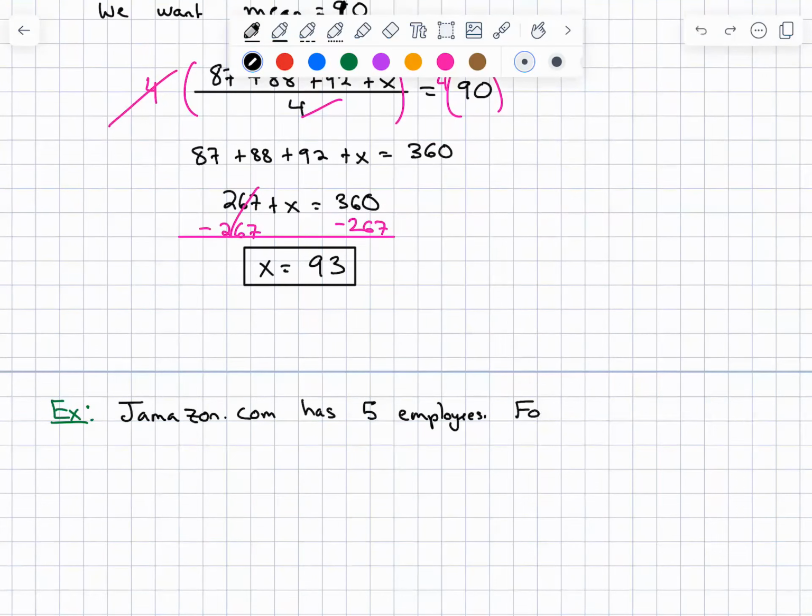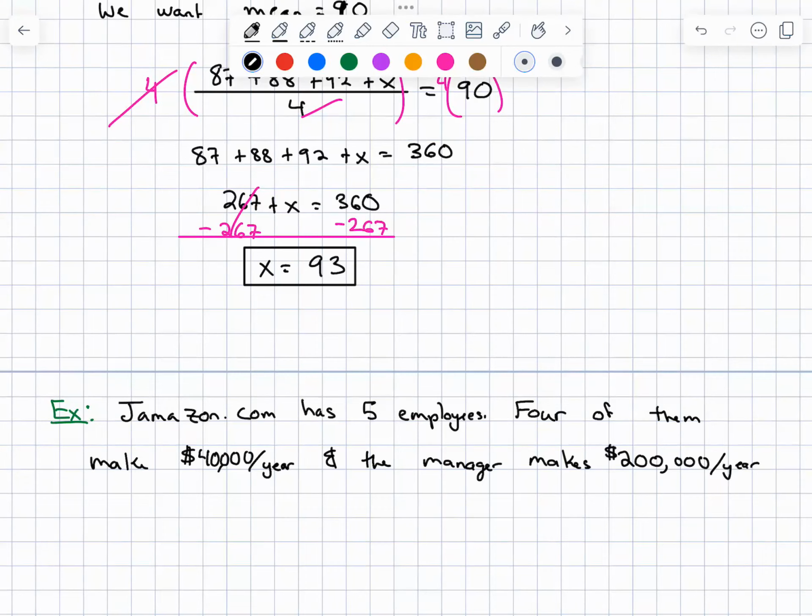Four of them make $40,000 a year. And the manager makes $200,000 a year.